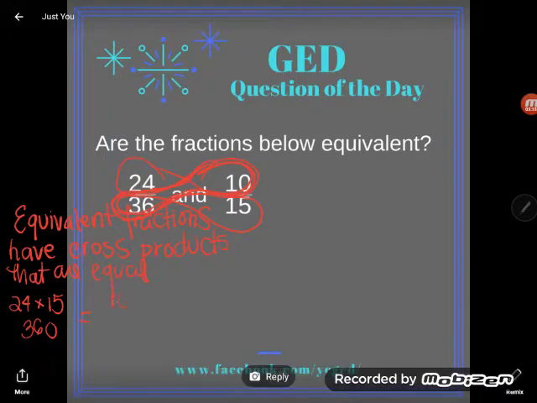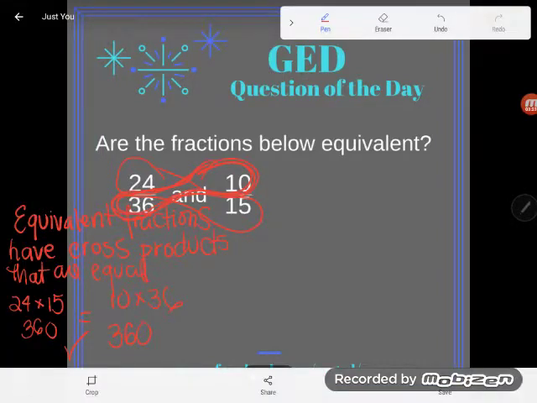So let's try 10 times 36. And again, I get 360. And because I see that the two cross products that I got are equal, 360 for one and 360 for the other, I know that these two fractions are actually equivalent.